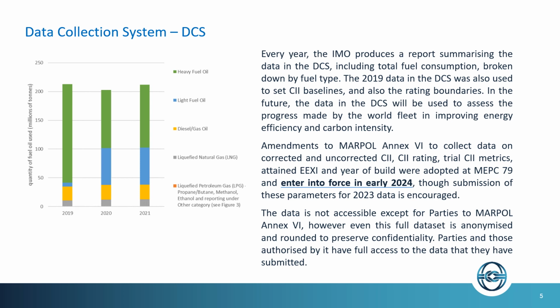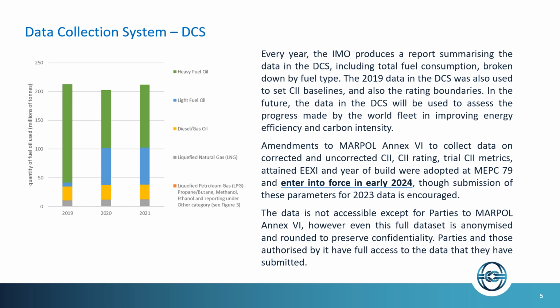Amendments to MARPOL Annex VI to collect data on corrected and uncorrected CII, CII rating, trial CII metrics, attained EEXI, and year of build were adopted at MEPC 79, and enter into force in early 2024, though submission of these parameters for 2023 data is encouraged.